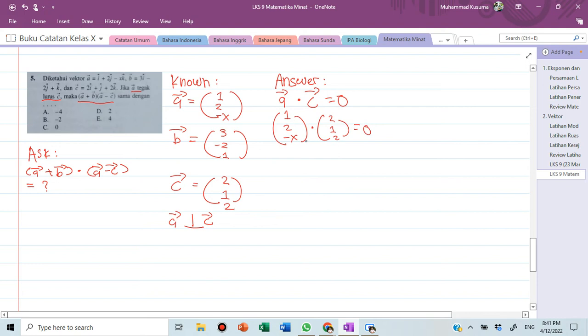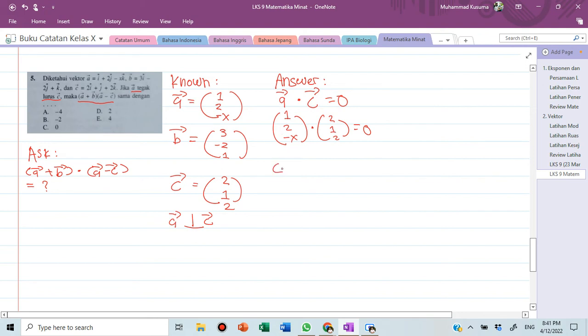Now we can do the scalar operation on this: the x in a times the x in c, the y in a times the y in c, and the z in a times the z in c.